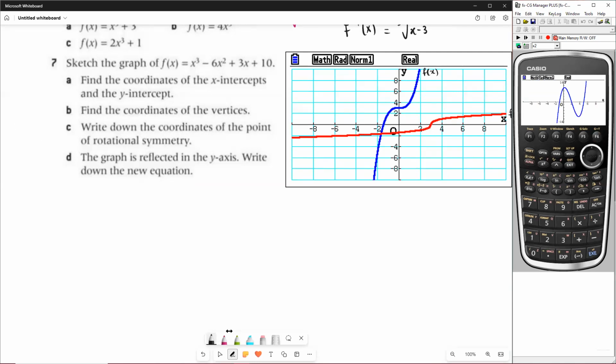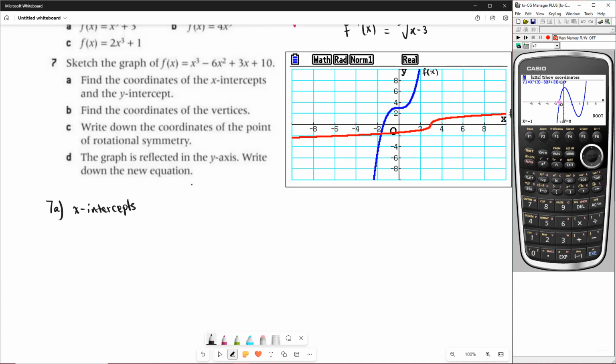Okay. Then to find your intercepts, you're going to go on your calculator. For the x-intercept on a Casio, it says root. I don't know what it's doing every time I click it twice.